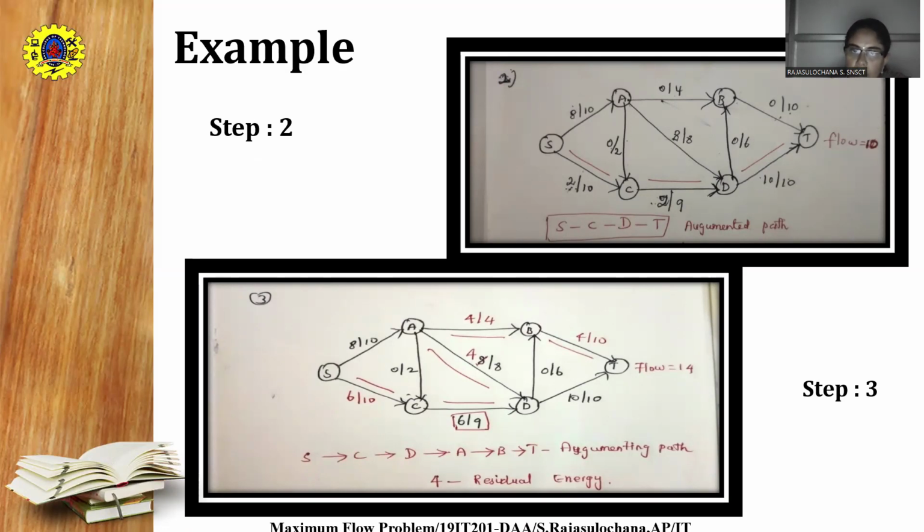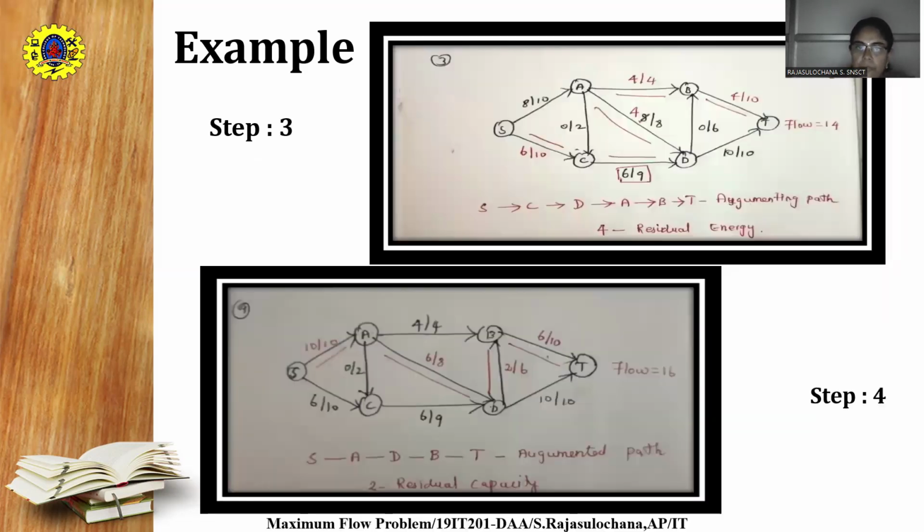So I'm subtracting 4 from that, so the reverse flow is 4. From A to B, again the flow is 4. Here the flow becomes equal to capacity, which means no more flow is permitted in this edge A to B. And from B to T, again the flow is 4. So initially the flow was 10. Now I am adding the residual capacity to the flow. Now flow becomes equal to 14.